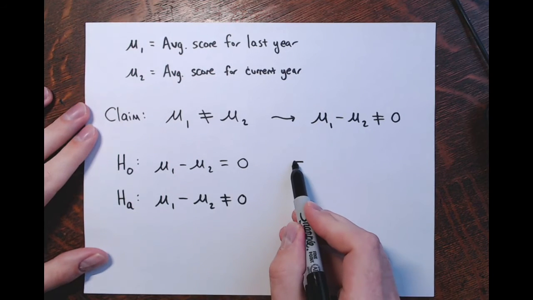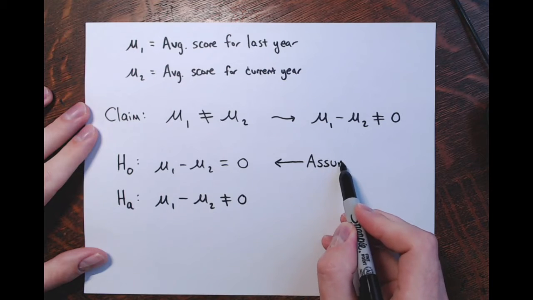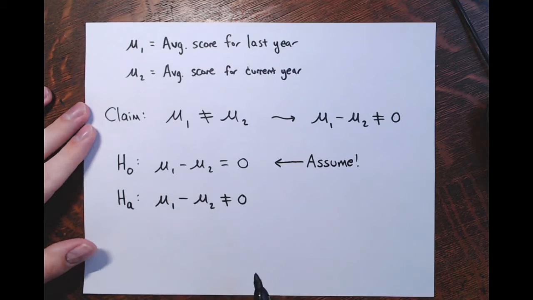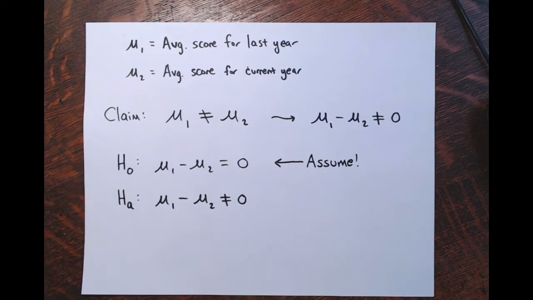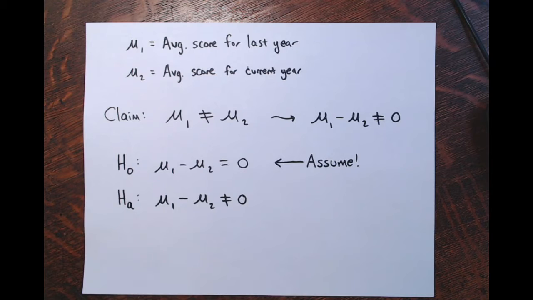And this is what we're going to be assuming, and then later on decide if we like this or not. Are we going to reject this assumption or not based on the sample evidence? So we're going to assume that these averages are equal, right? That there was no change in the average from last year to this year. And the alternate is again the claim that there is a change, that there is some sort of difference.